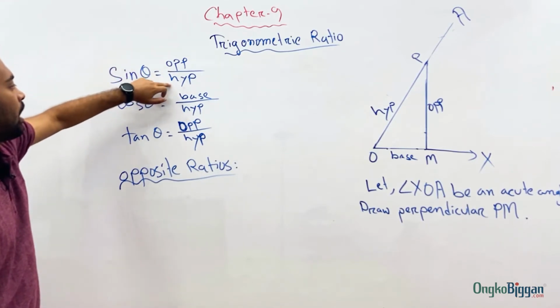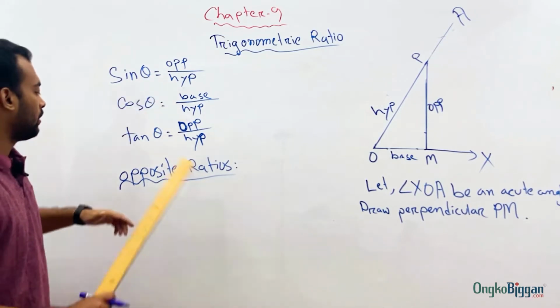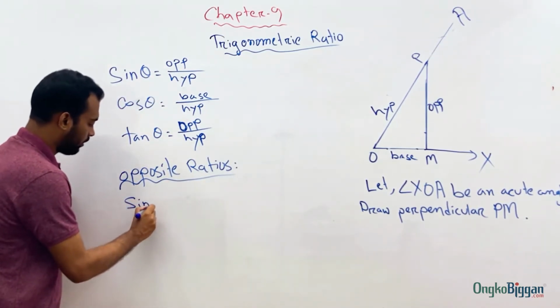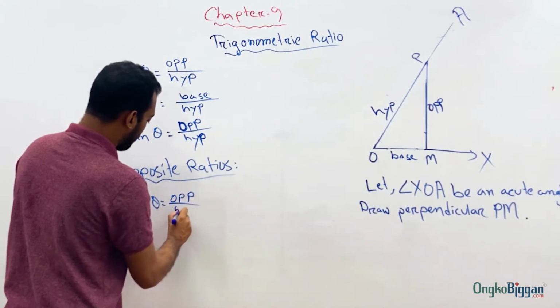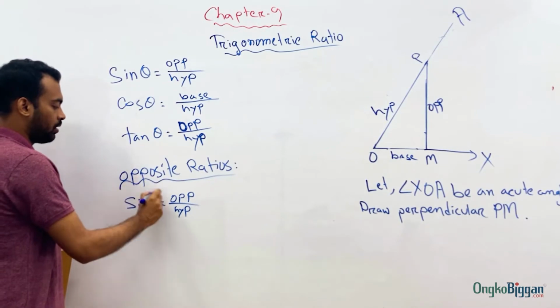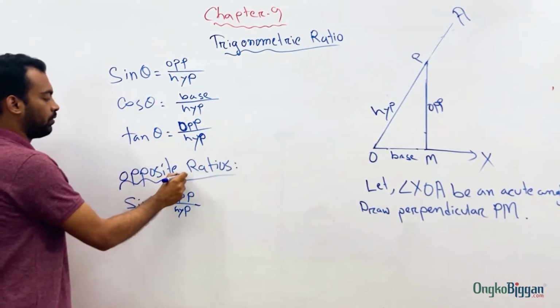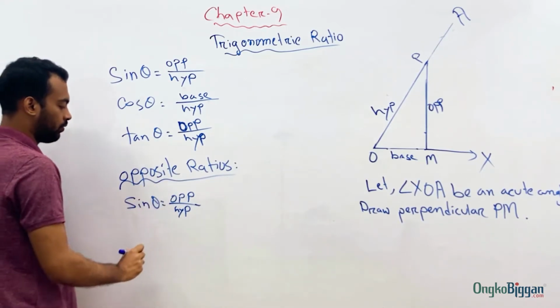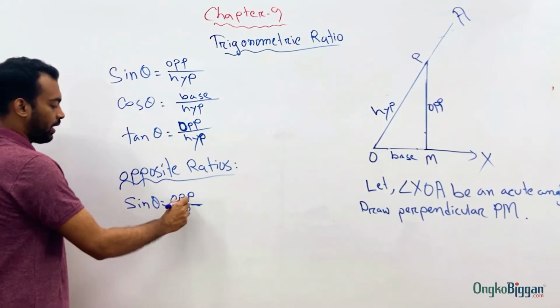Its opposite would be hypotenuse by opposite side. Note that this opposite, the opposite side of the triangle, and the opposite ratio are not the same.